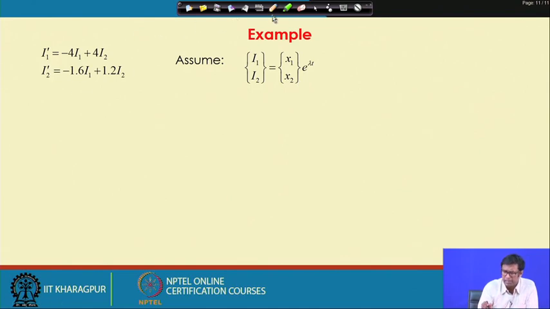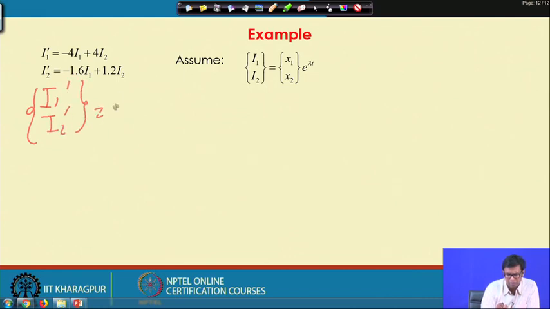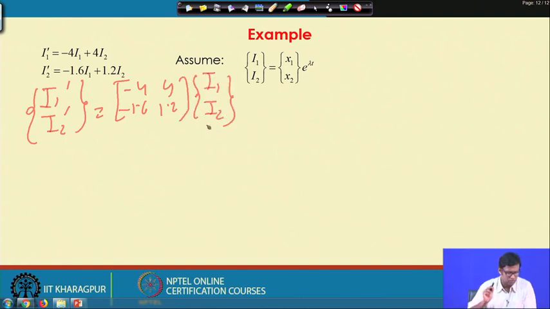So, this again can be represented as a matrix equation: (I1, I2)' is equal to the matrix [-4 4; 1.6 1.2] times (I1, I2).